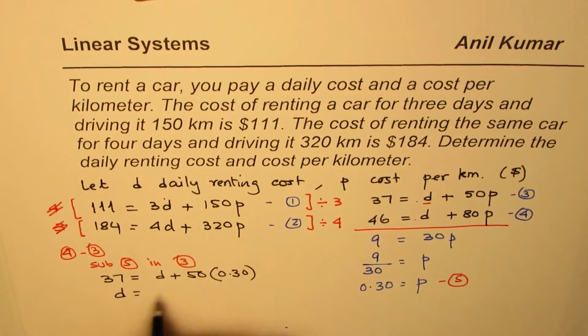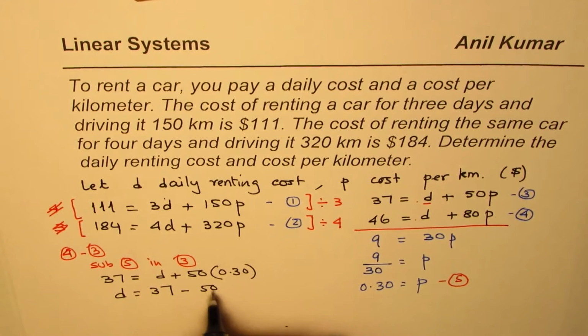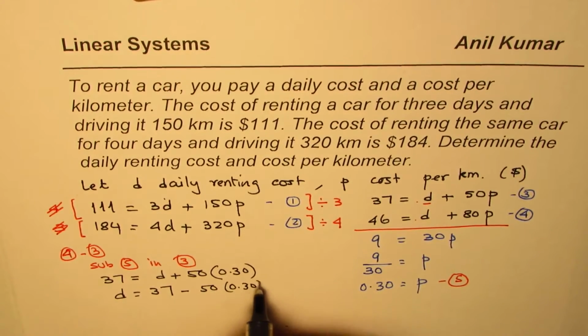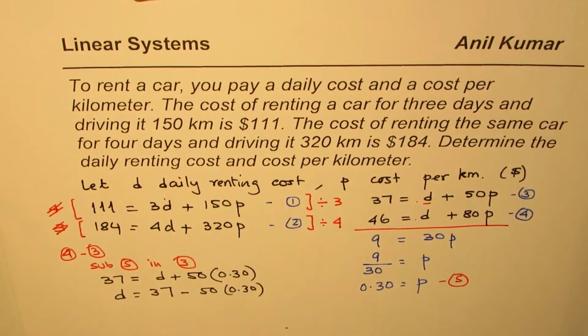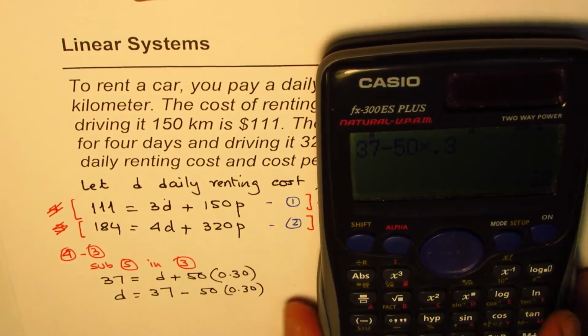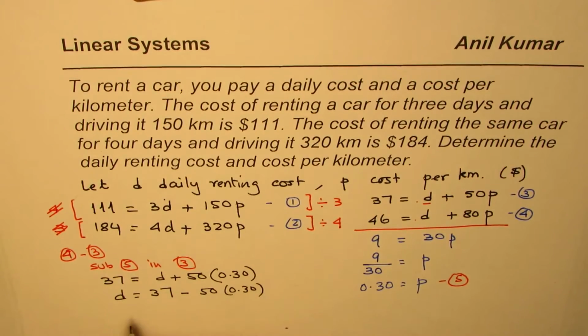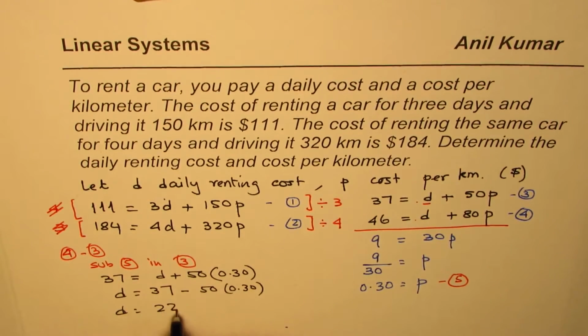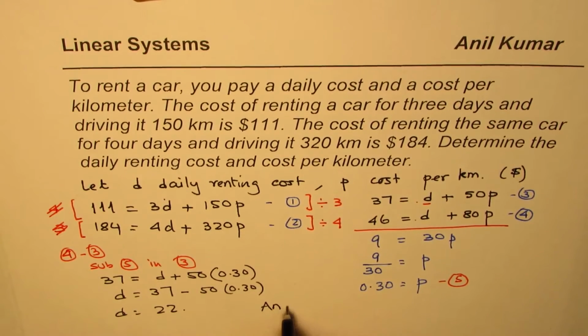So D equals 37 minus 50 times 0.30. Let's use the calculator. 37 minus 50 times 0.3 equals 22. So we get our answer.